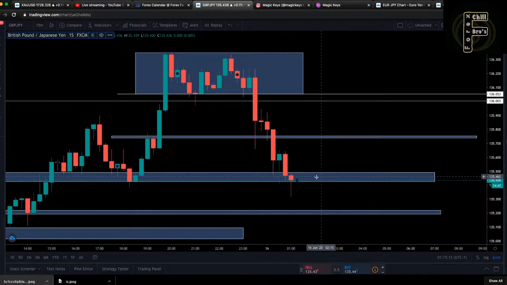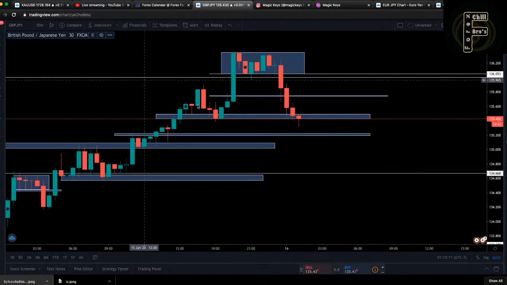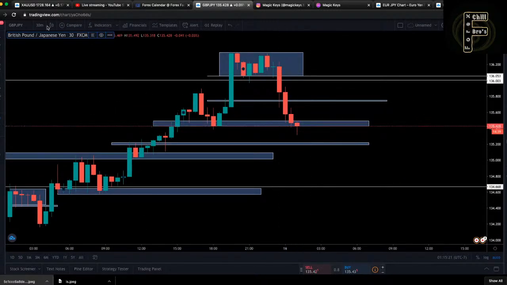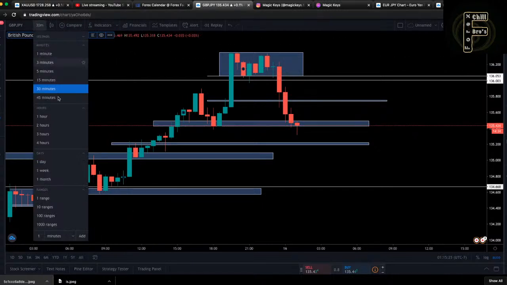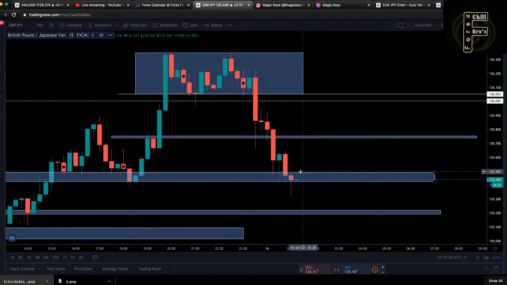So let's see what the next 15, the next 30 minutes does. We're heavily rejecting this area. We're supposed to be heading down because we're still bearish. But let's see what this next 15 does. If this breaks this high, then we might be pushing up.